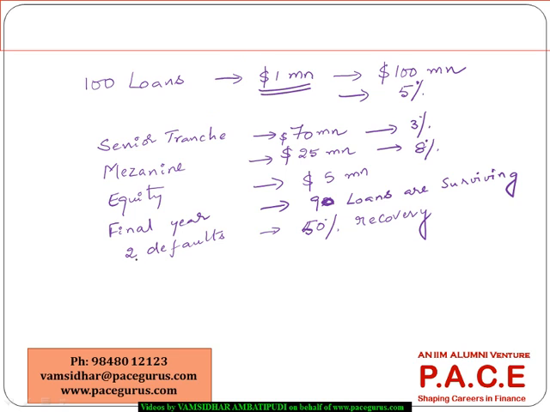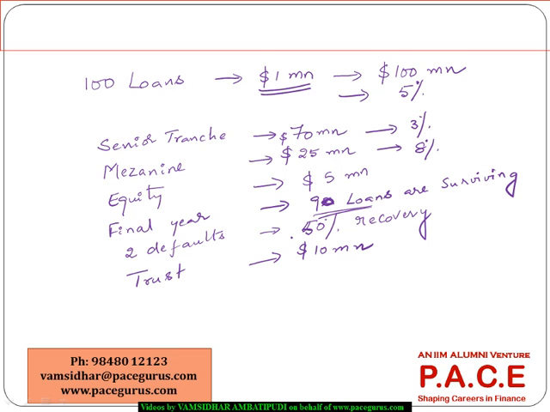And whatever the trust has accumulated till date, let's say the trust has accumulated $10 million, either through regular investments, or the recoveries from the 10 loans that have already defaulted, or whatever it is. Overall, let's say by now the trust value has accumulated to 10 million.